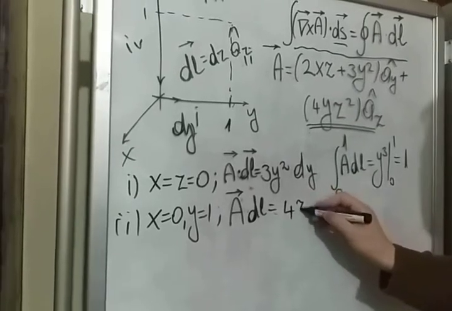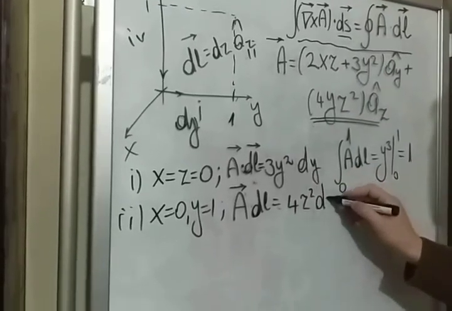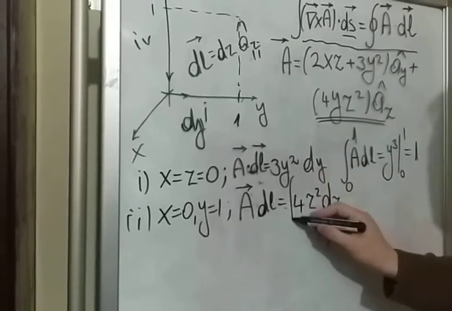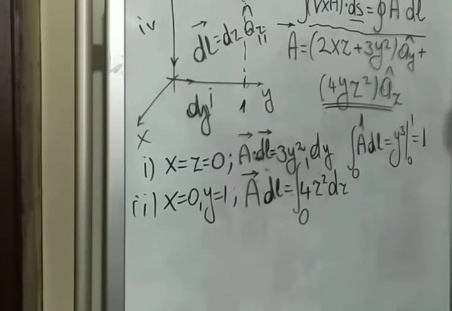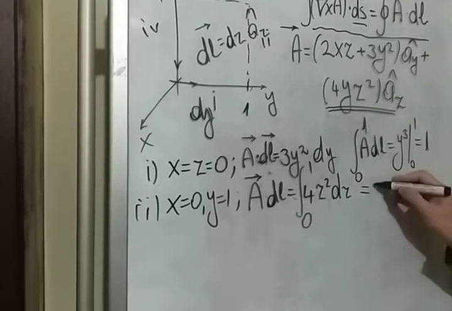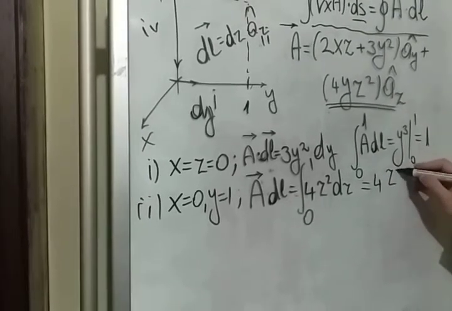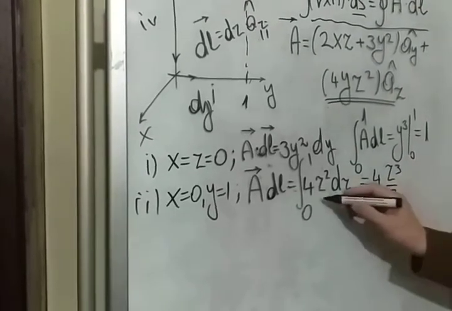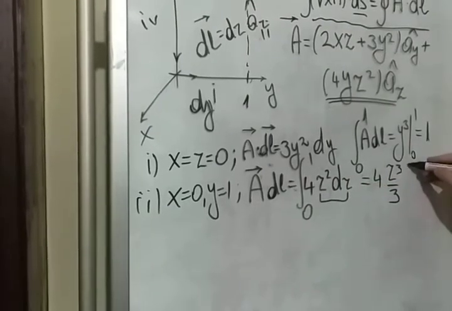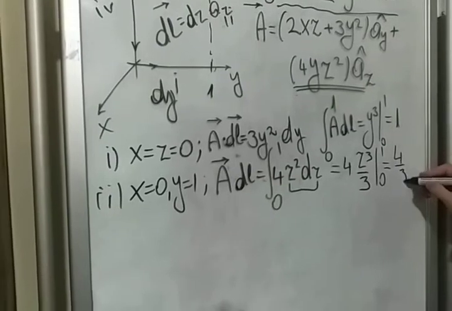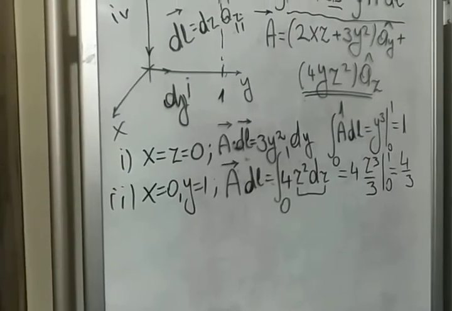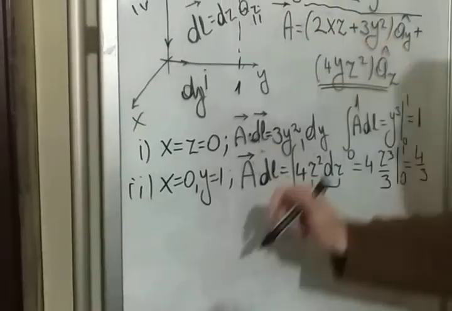So this is 4z squared dz. Then if we integrate this, when z goes from 0 to 1, this will be equal to 4 times z cubed over 3, that's the integral of z squared dz. From 0 to 1, we get 4 over 3. So this is the line integral along the second path.